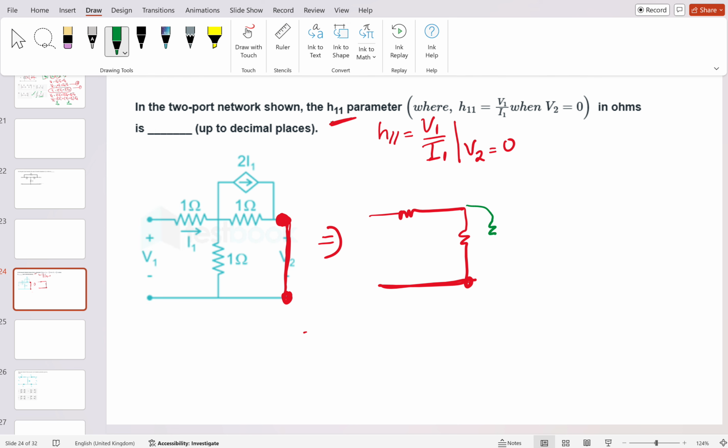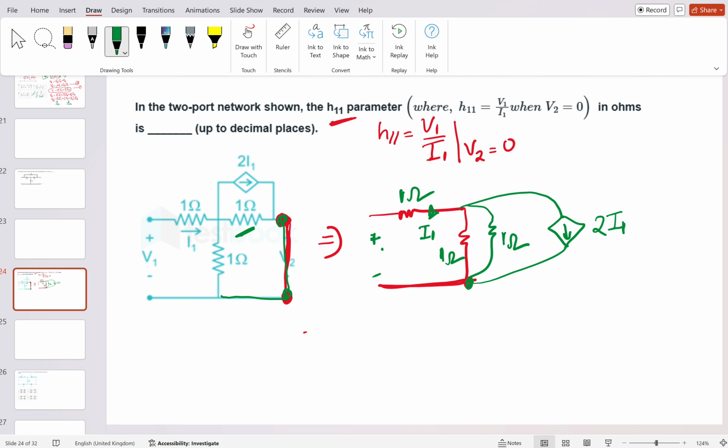This is the 1 ohm resistor, and this is the value of the dependent source, 2I1, connecting here, because this terminal and this terminal got shorted since V2 is equal to 0. This is 1 ohm, this is also 1 ohm, and this is I1. You just have to apply KVL here. Try to find the value of V1 in terms of I1.